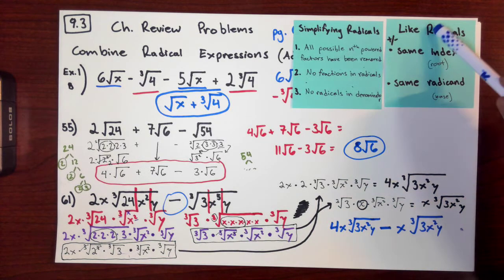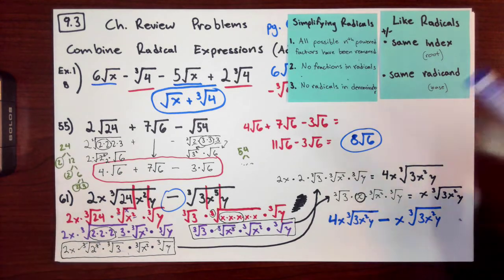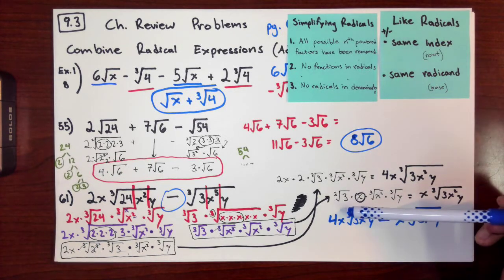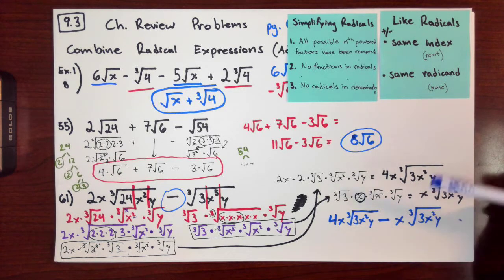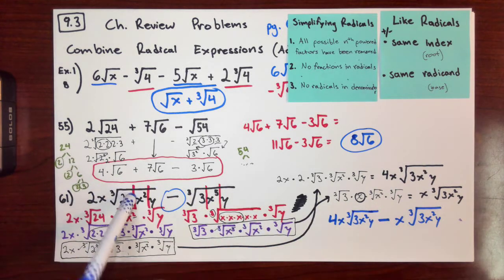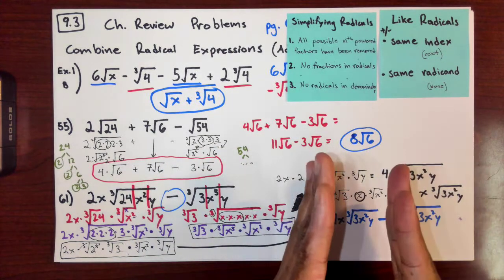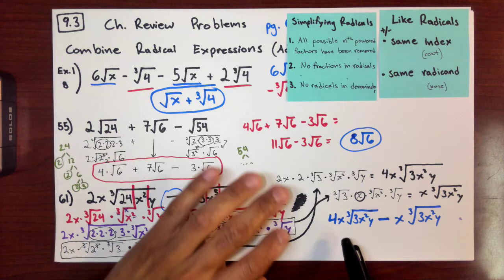Now here we go into the adding and subtracting rule for like radicals. Okay, since they have the same index, right, the same root, they're both cube root, and now they have the same radicand. We simplified this to be like this, and we simplified this to be like this, so that they can have the same exact radicand. This and this, both radicals are the same, which means we can combine them. So we're going to combine them.